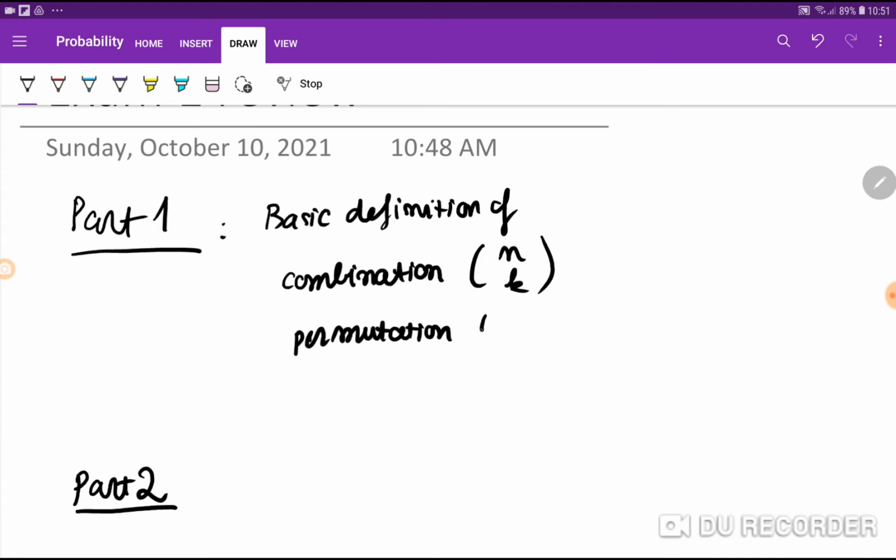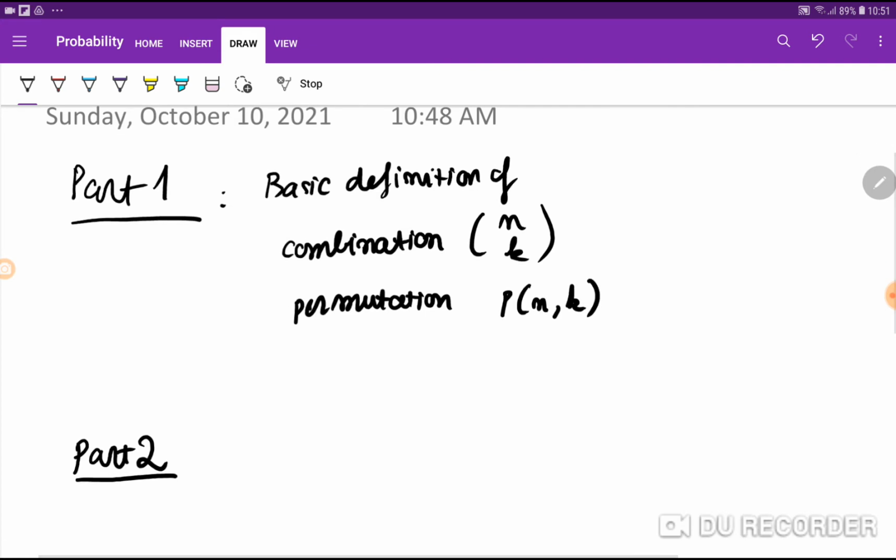I think it's like A K N. Okay, let me look it up. Oh, okay, they're written in a very interesting way. They write P and K. So permutation is P and K.